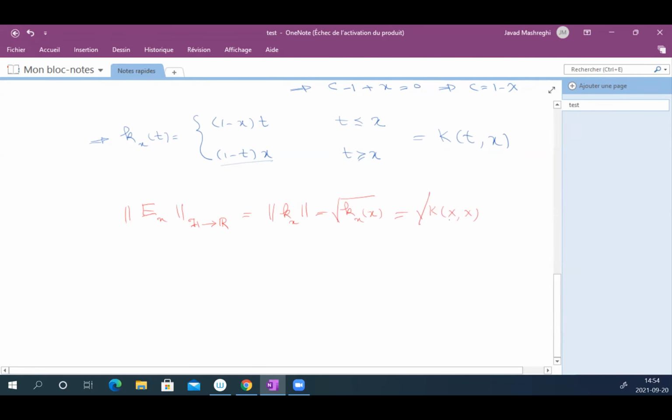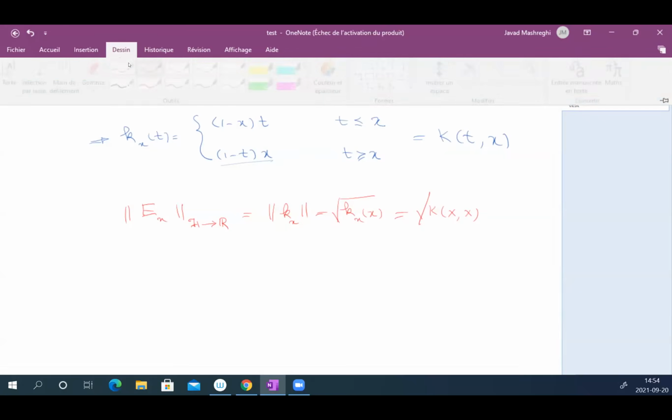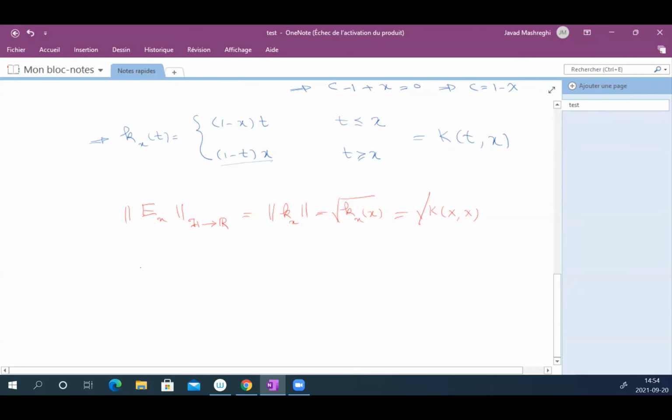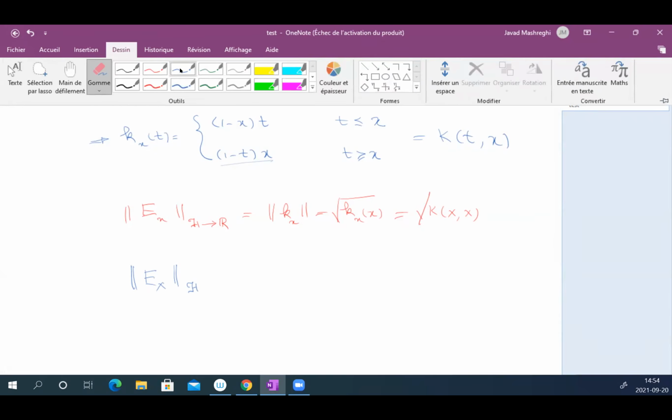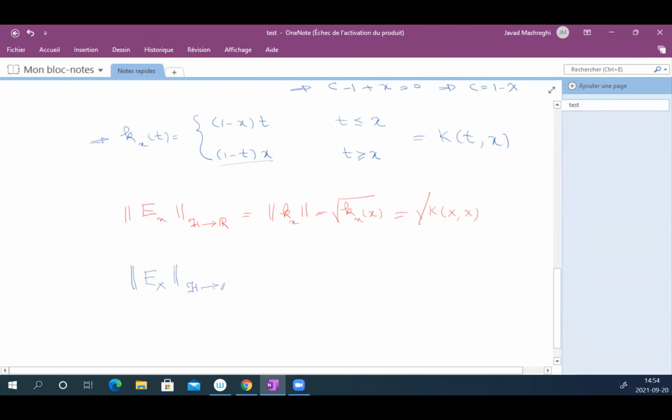So any of these you can use here and see immediately that in our case, the norm of the evaluation functional from H to R is equal to the square root of 1 minus x times x. That's the precise value for the norm.